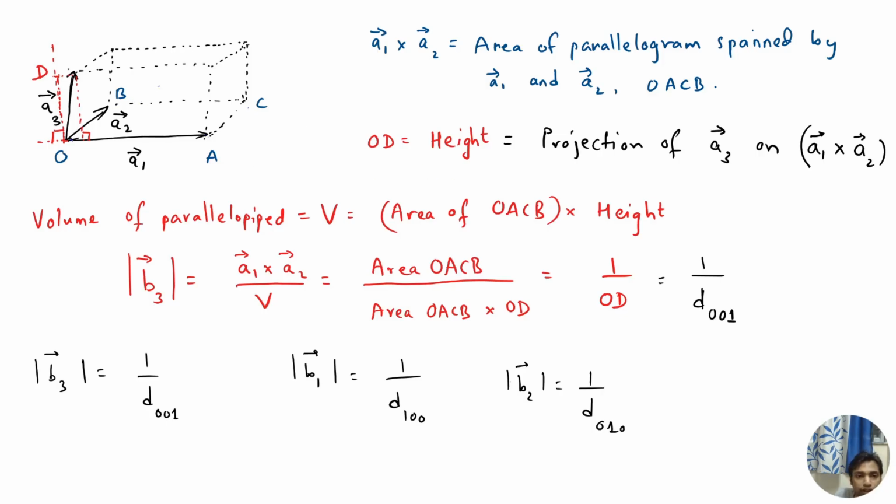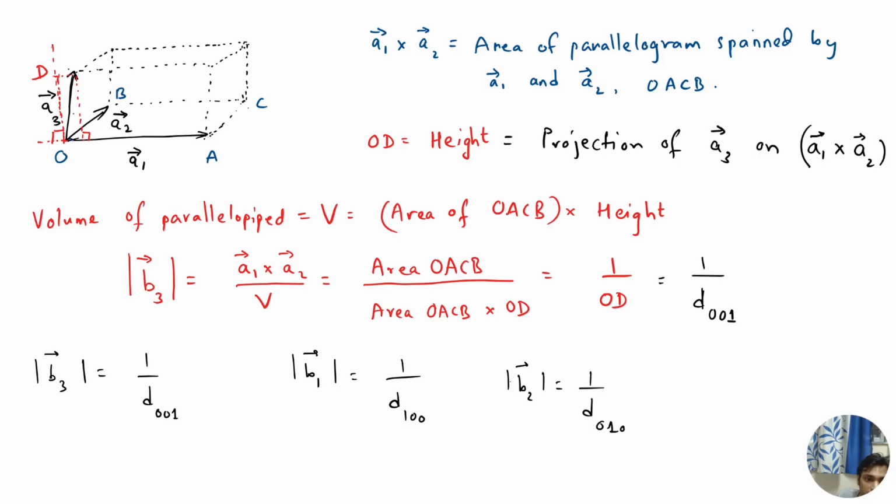Now, to find the volume of the parallelepiped spanned by a1, a2 and a3, all you have to do is take the area of one parallel face, like OACB, and multiply by the height of the next parallel face, the shortest distance between them.